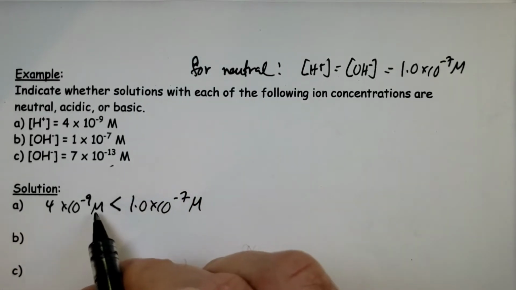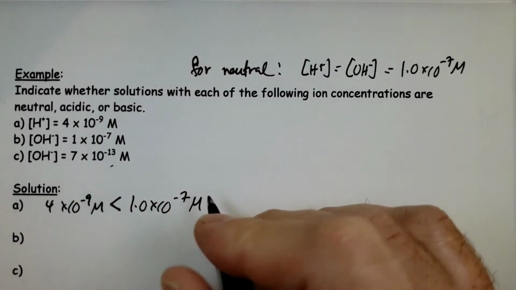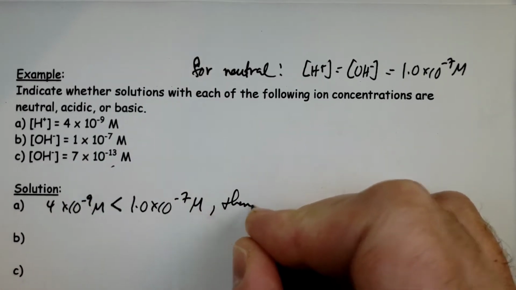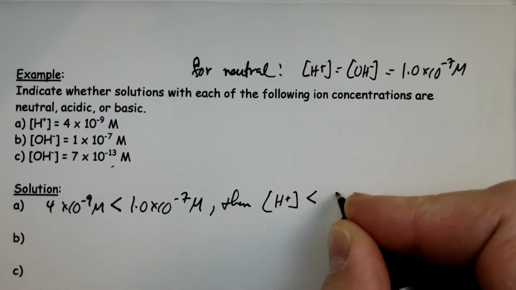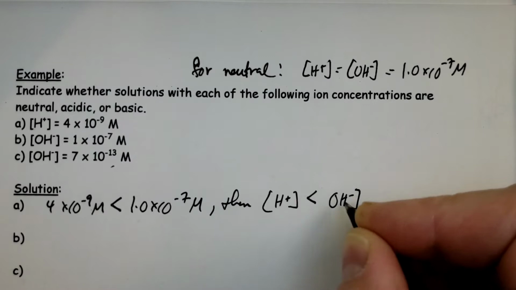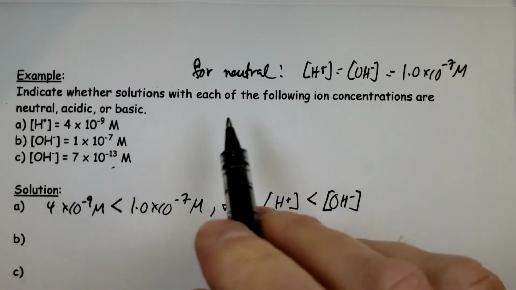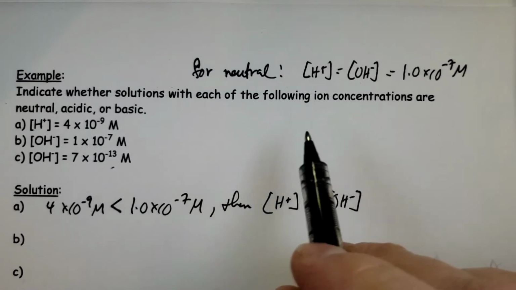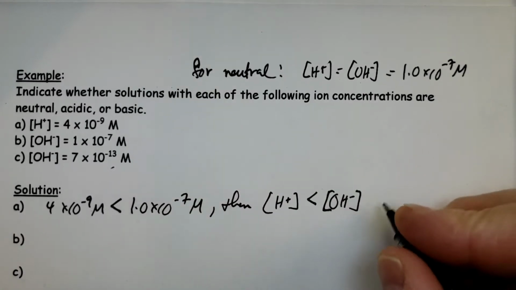So if my [H+] is less than that, then we know that [H+] is less than [OH-], because [OH-] has to be much larger than that, because they must multiply to give us 1.0 times 10 to the minus 14. So [OH-] has to compensate for the low amount of [H+].